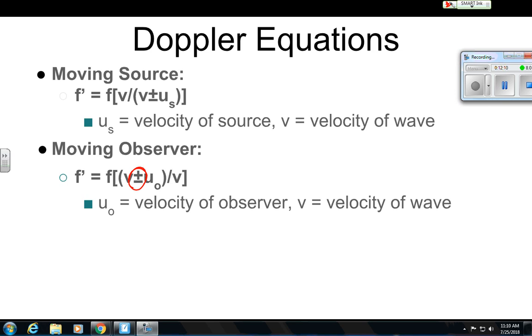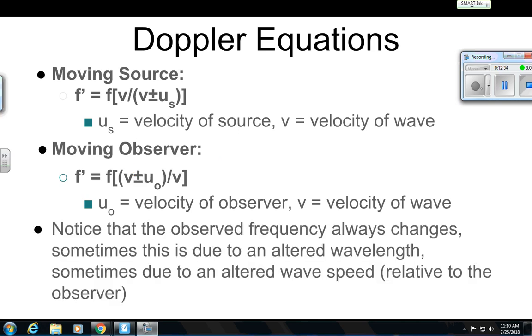Again, if the observer is moving towards the source, you expect F prime to be larger than F. And in order to get a larger number, that's going to be addition here. I can do that in my head. But again, just always think through your answer and make sure that when you're solving a Doppler effect problem, the frequency did what it was supposed to do, whether that is to get larger or to get smaller.